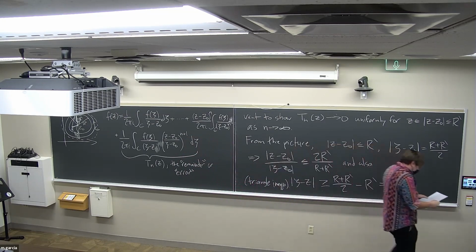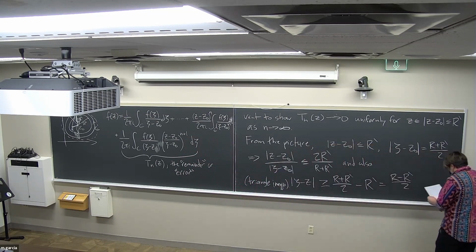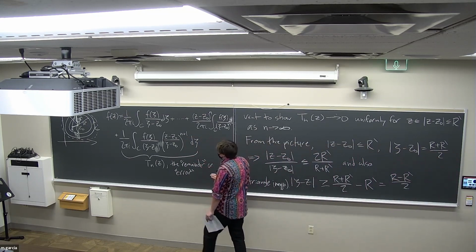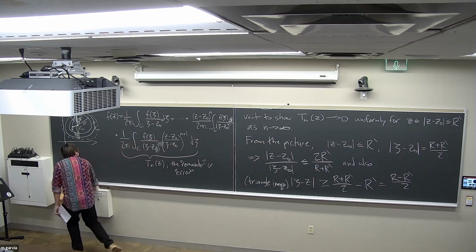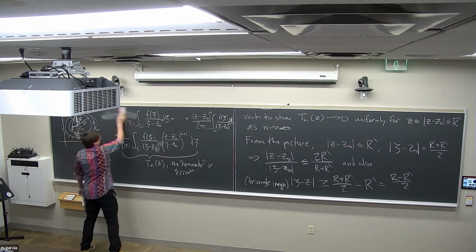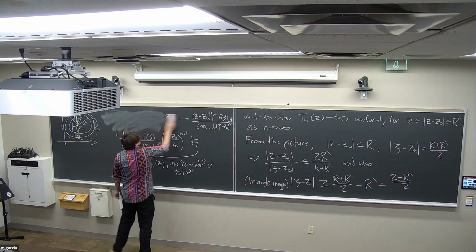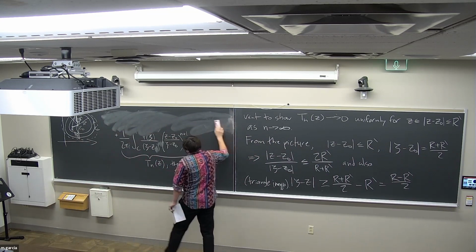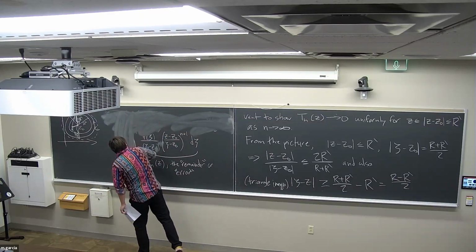Basically, at this point we can bound the modulus of Tn of z, and we have all the components.